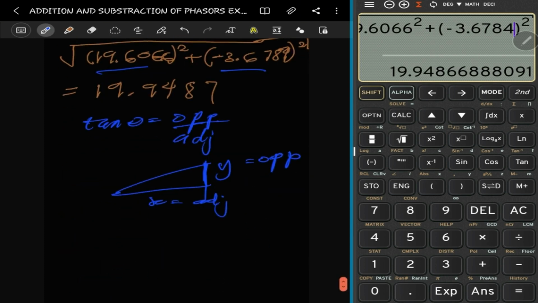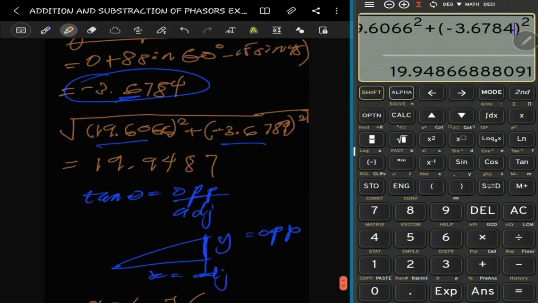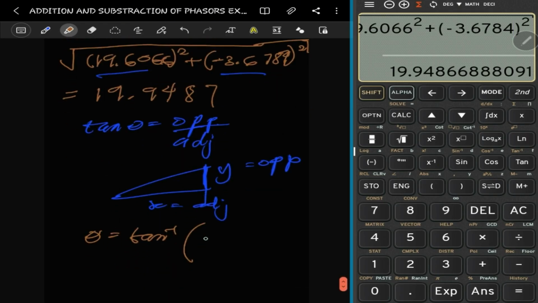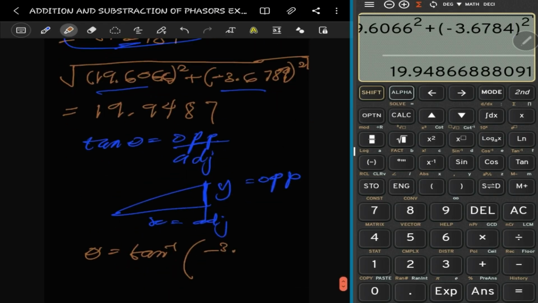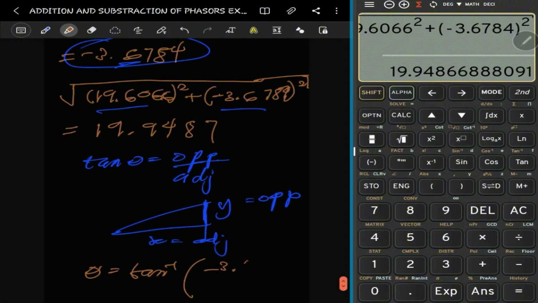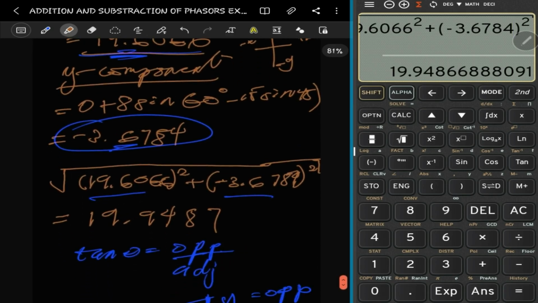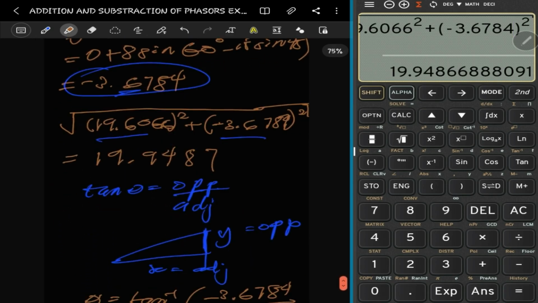So now to find theta, theta is equal to tan inverse of opposite, which is y. We have that to be minus 3.6784, right? And then the x to be 19.6066.